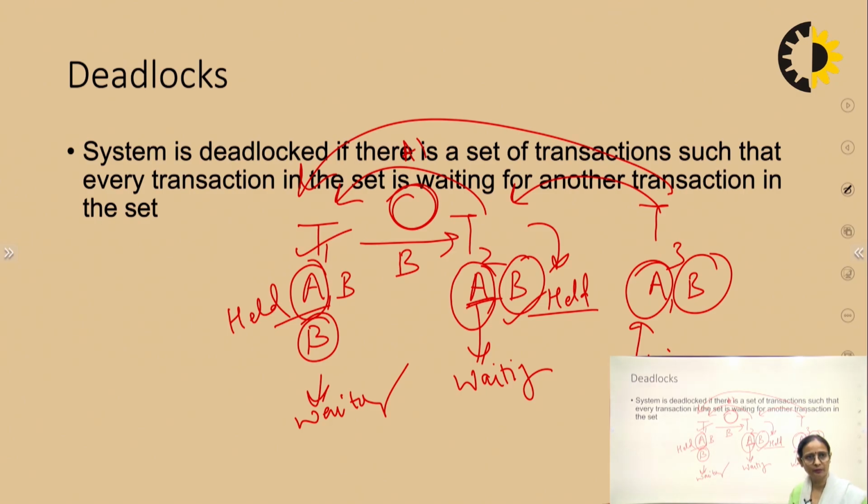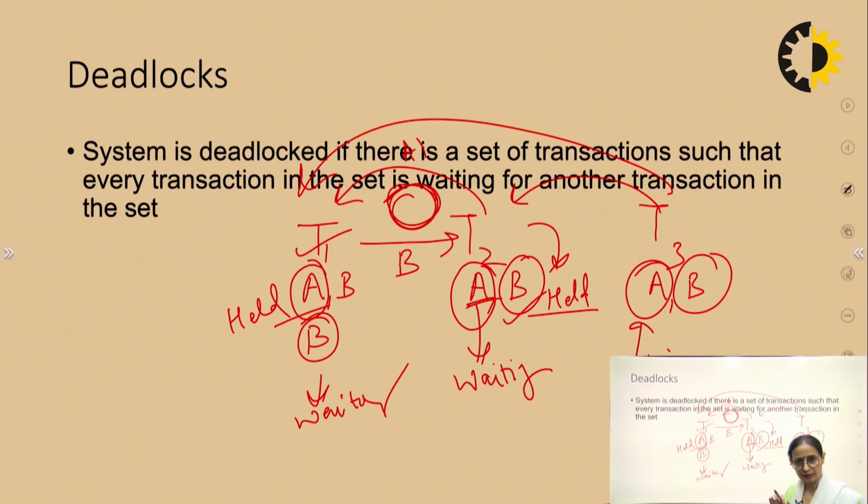If you look at the figure, between T1 and T2 there is a cycle. They are waiting for each other. But in the case of T3, there is no formation of a cycle. Although T3 is waiting for T1 and also for T2, T1 is not waiting for T3, and T2 is also not waiting for T3.